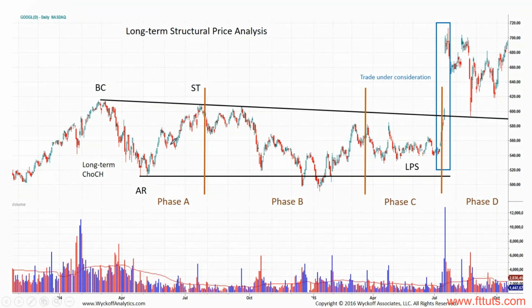Really quickly, labeling: we have a change of character here, so therefore this is a climactic action, automatic reaction, secondary test, phase A. And then if you look at the whole structure, I was asked a question, why is this not a C? One of the things here is that we have to think in terms of the areas of the tests.